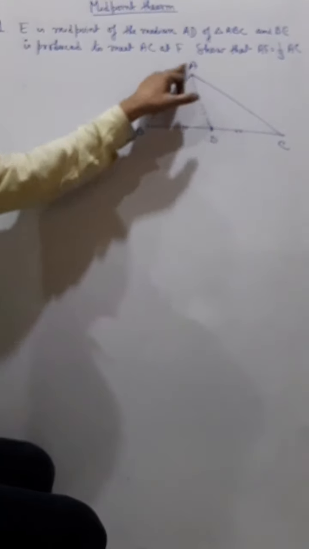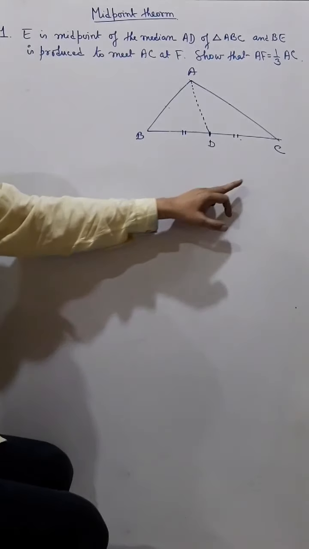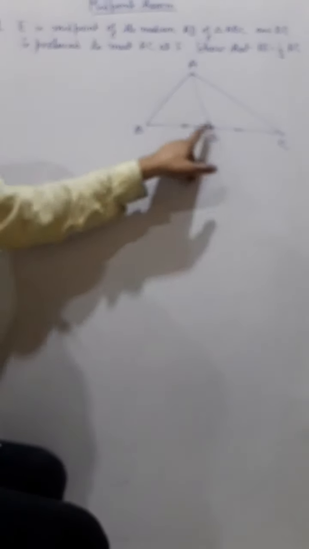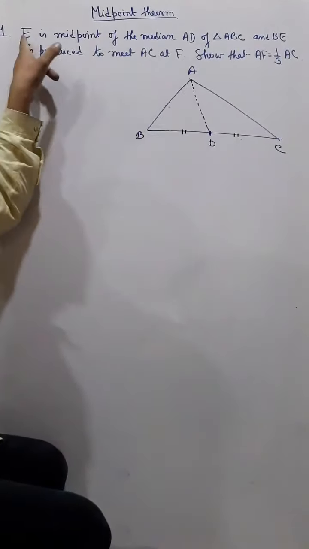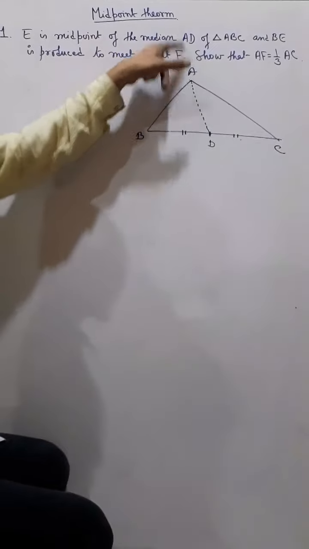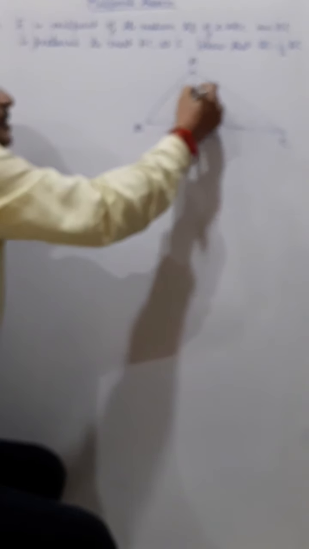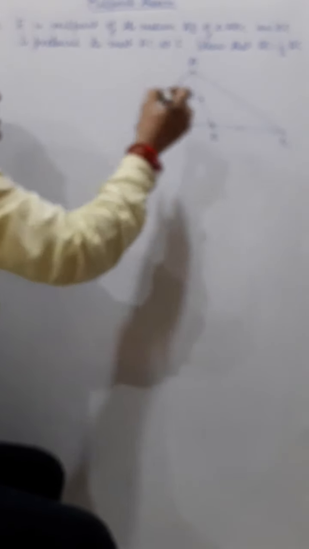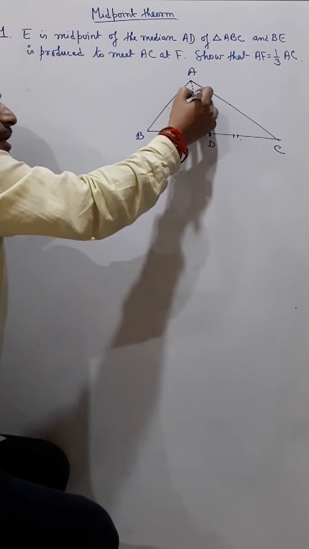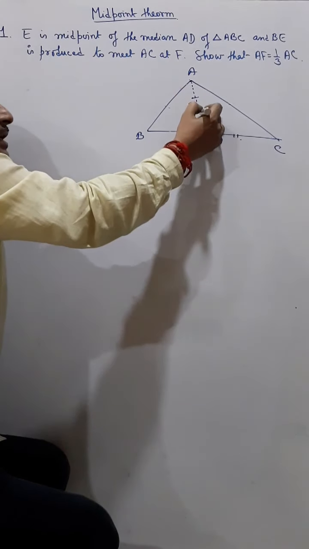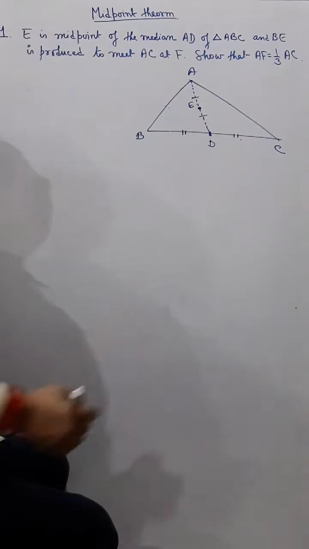So AD is the median, which means D is the midpoint of BC. E is the midpoint of the median, so E is the midpoint of AD, and I can say that AE is equal to ED.